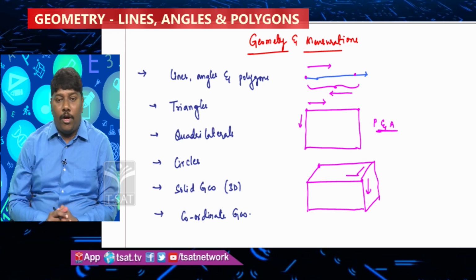The wall of a room is a two-dimensional figure. Assume that on a wall of a room you have a board. That board is only a two-dimensional figure. The frame of the board is nothing but the perimeter of the board. The region where we write is nothing but the area of that board.